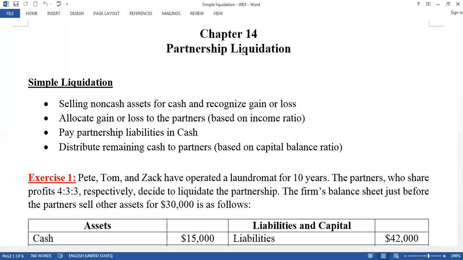The partners decided not to continue their business. That means today the business is going to close, and we are going to learn how to record accounting journal entries or some schedules based on the partnership liquidation.